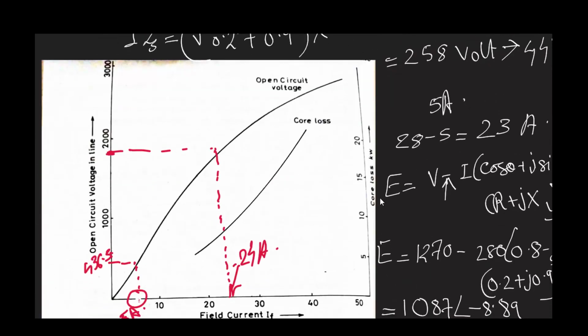From this curve we can neglect that 24.2 and figure out where we are getting the value of core loss, not here, here. As per this book it is coming nearly 8.5.